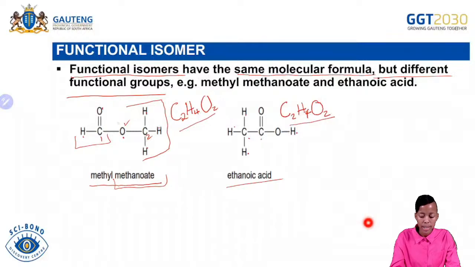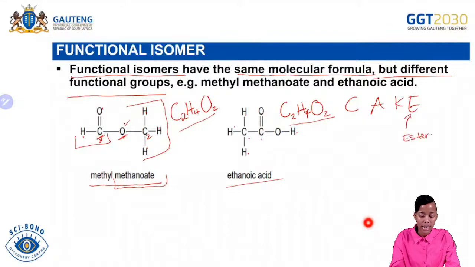For this one, you can also use CAKE. For example, we can see that this one is C double bond O and then O. So what are we given? You are given an ester.